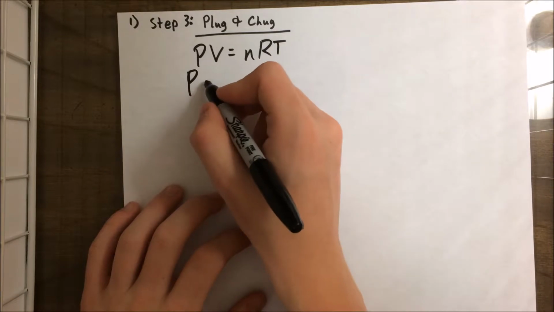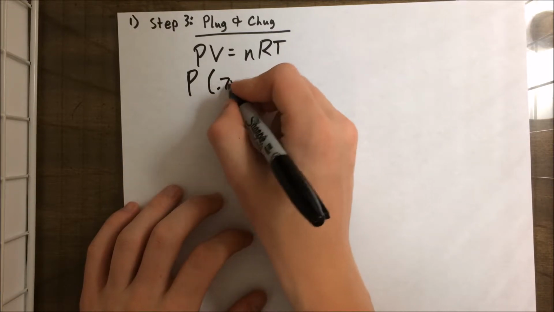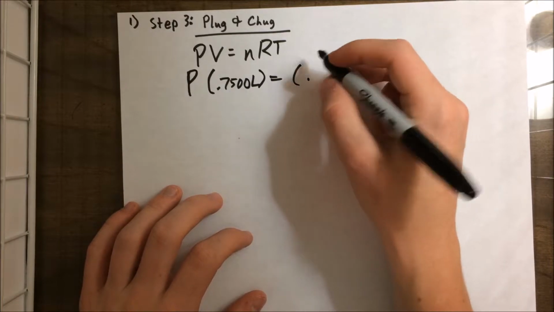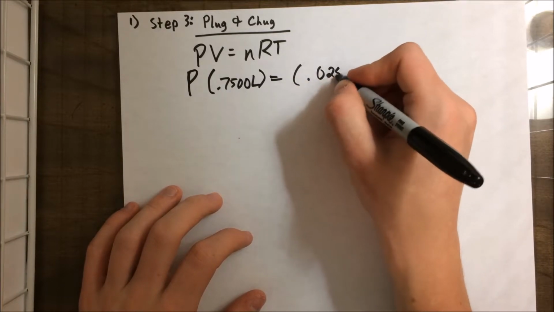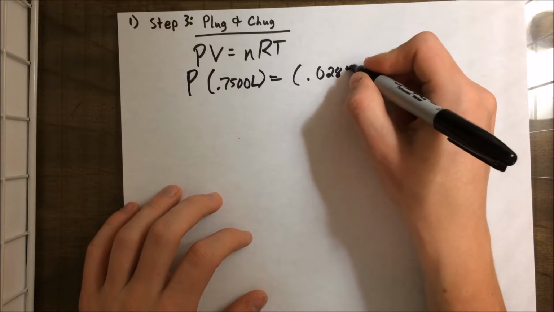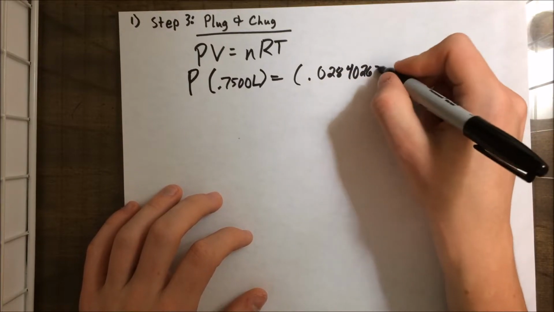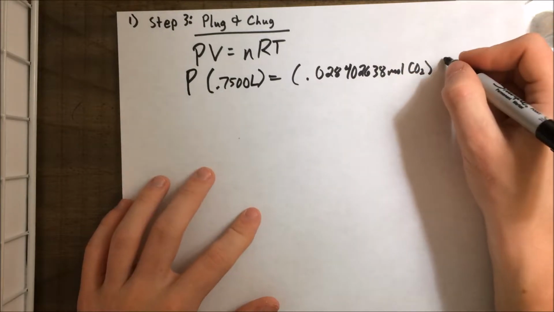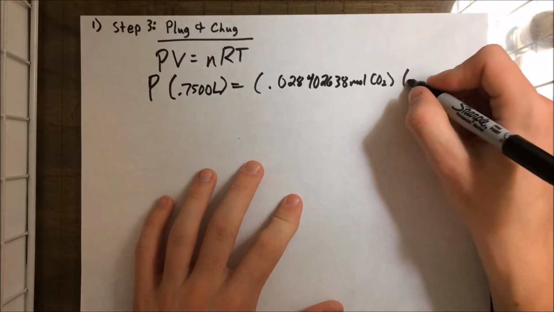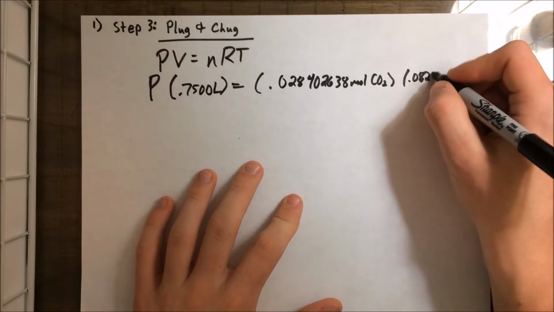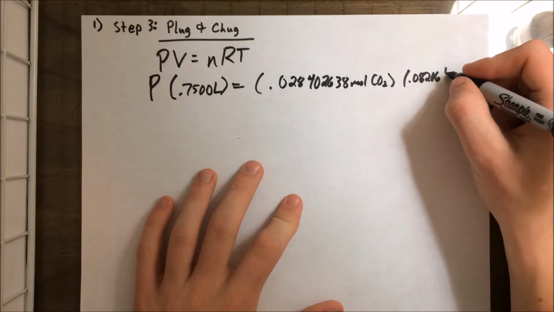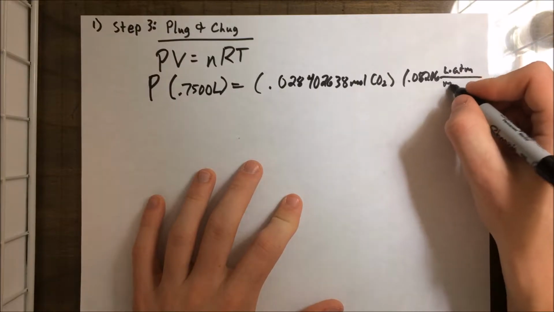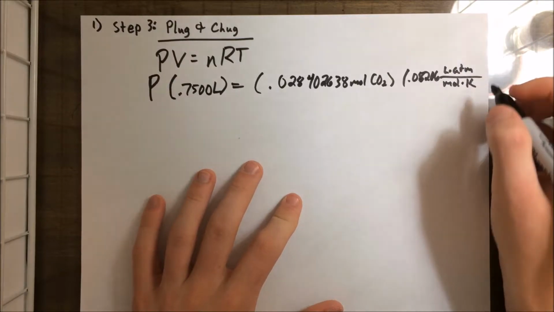So we are trying to find the pressure. We have the volume is 0.7500 liters. That's equal to the amount in moles, which is 0.028402638 moles of CO2. And then multiply that by the ideal gas law constant, 0.08206 liters times atmospheres over moles times Kelvin.